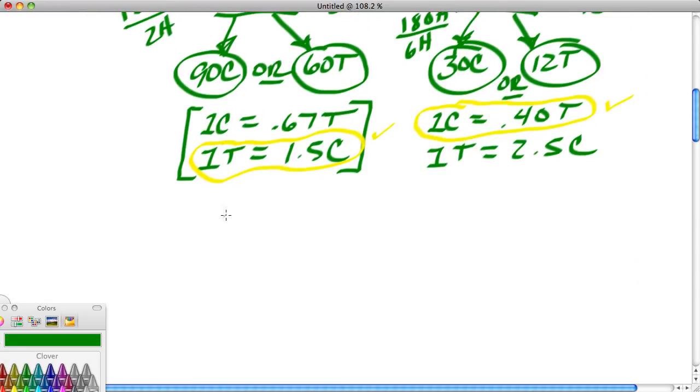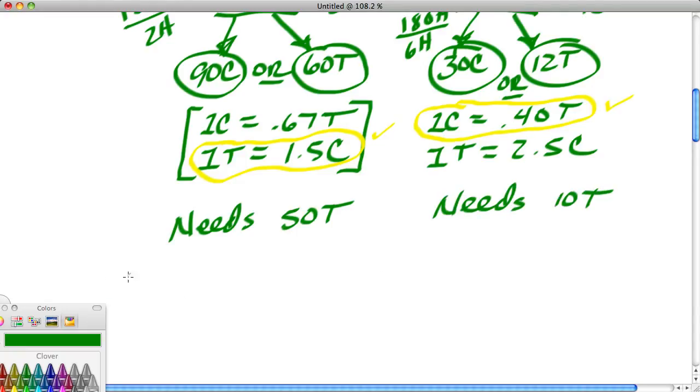Now, let us recall that Greenthumb needs 50 tomatoes, and Fivethumbs needs 10 tomatoes. Every time Greenthumb makes a tomato, she gives up 1.5 corn in her garden. So 50 tomatoes times 1.5 corn equals 75 corn.